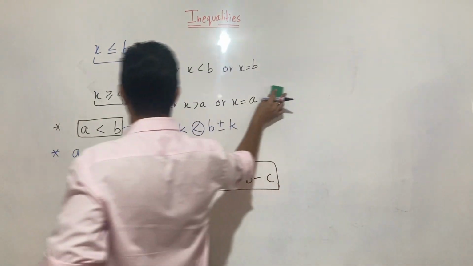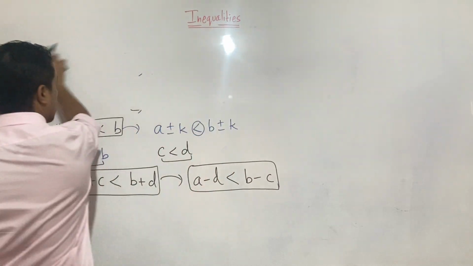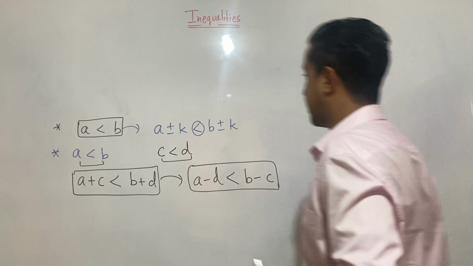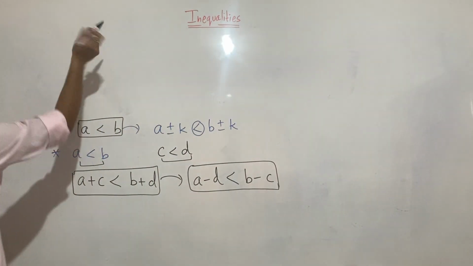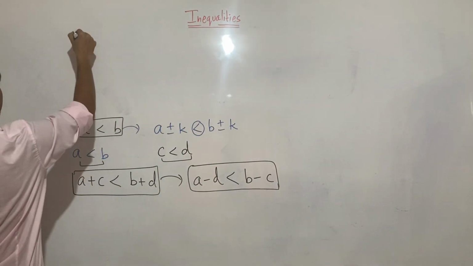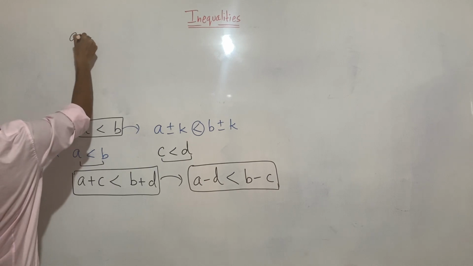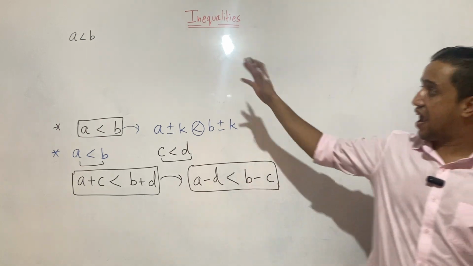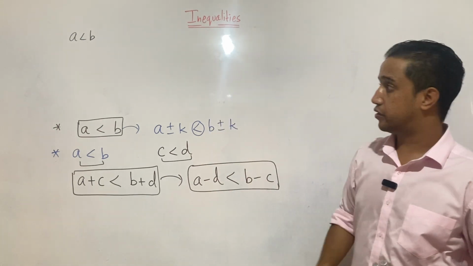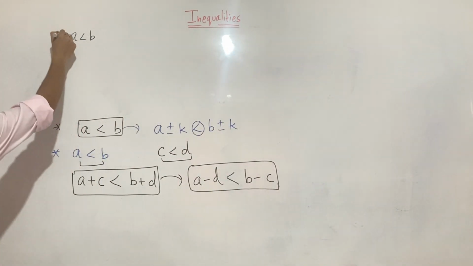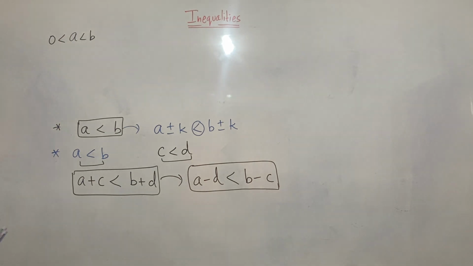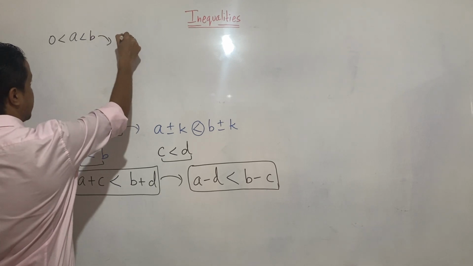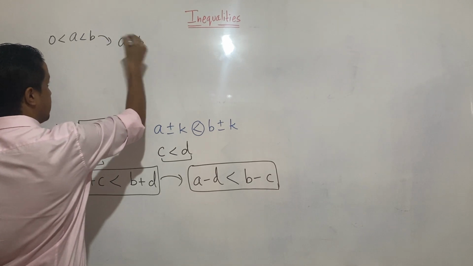The next one says that, let's say we have the given inequality a is less than b, and here a and b must be positive real numbers. So from here I can say that a is less than b.